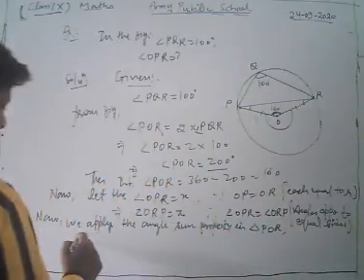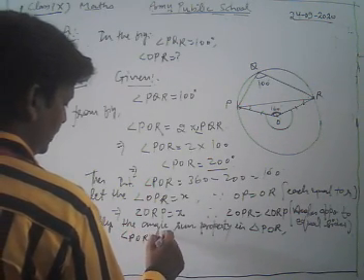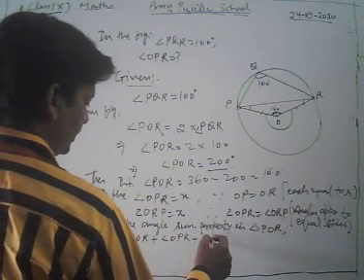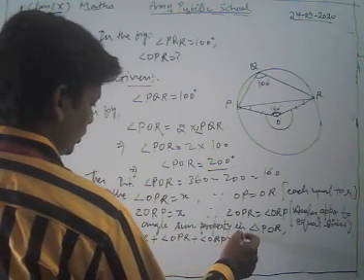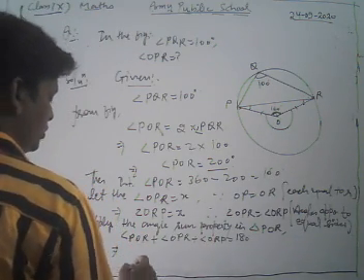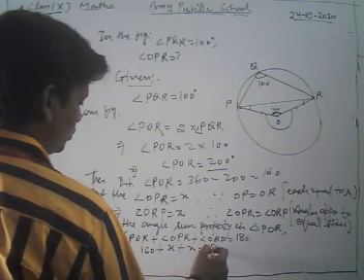What do we get? Angle POR plus angle OPR plus angle ORP is equal to what? 180 degrees. We have angle POR equal to 160, this is X, this is also X, equal to 180.